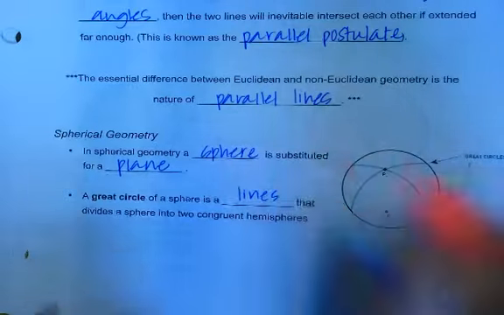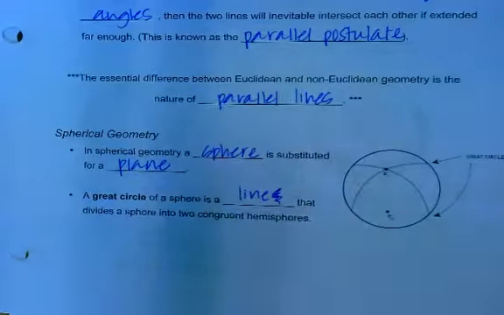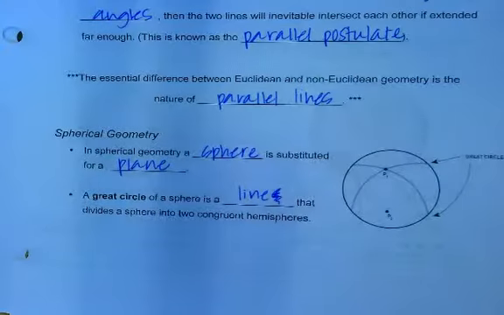So if this is your sphere, pretend this is my globe, your great circles have to go all the way around, and they have to cut your sphere in half. What would be an example of a great circle?